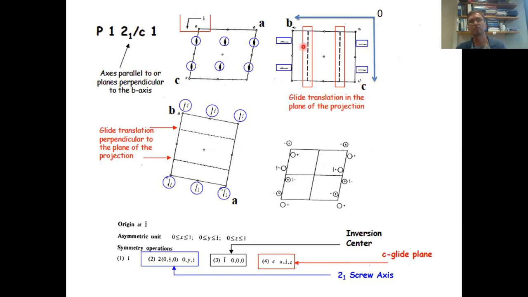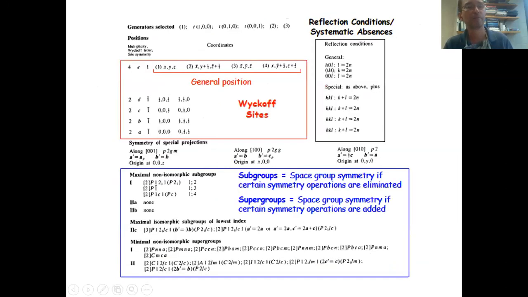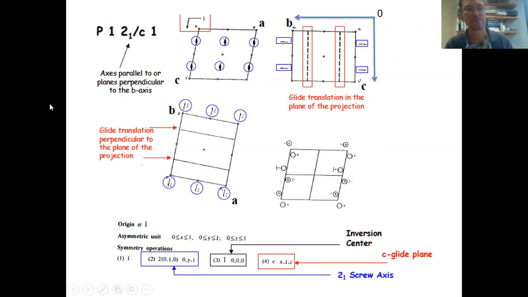No, wait a moment, this is not correct. So C stands perpendicular to B. I cannot see the entire slide, so I have to press the escape button so that I'm not making mistakes. This is really bothersome here.